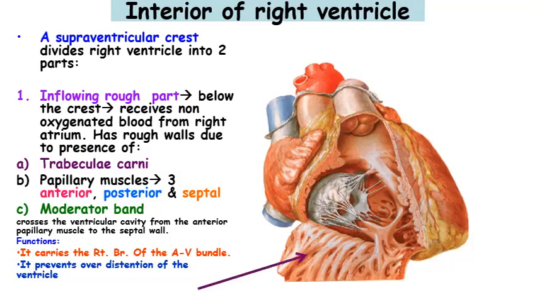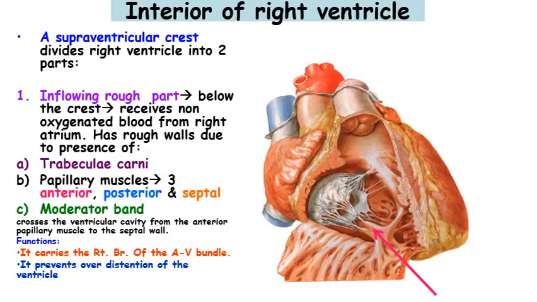This roughness is due to, again, elevated myocardial muscles over the wall of the ventricle. But remember, we called these elevated muscles in the atrium musculi pectinati, whereas in the ventricles we call them trabeculae carneae. As these muscles continue to elevate over the surface, they form what are known as papillary muscles.